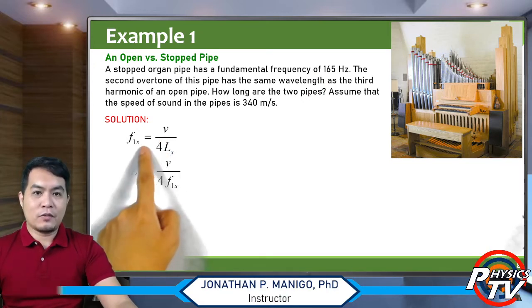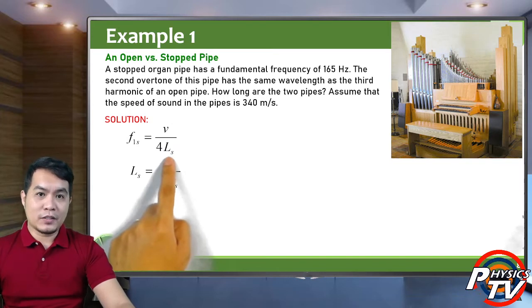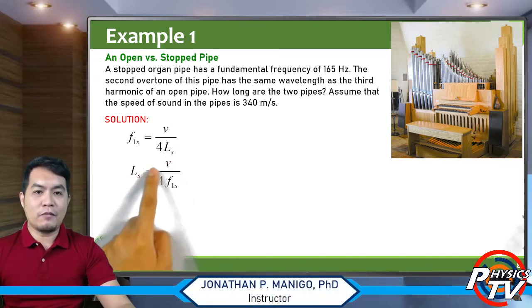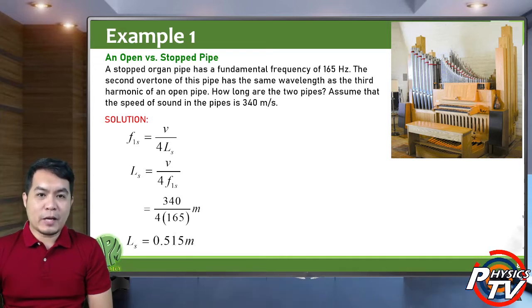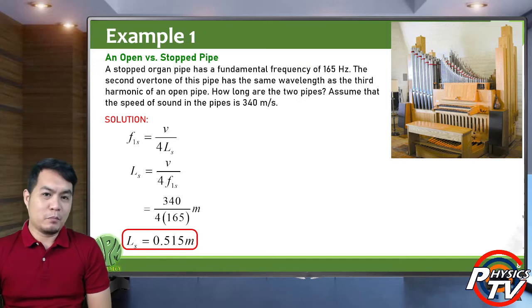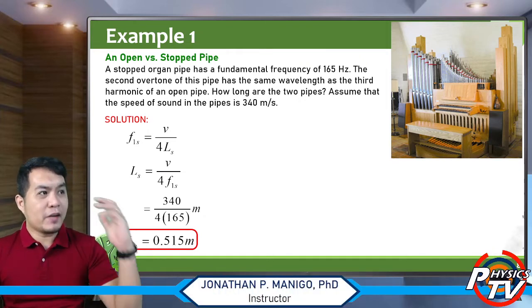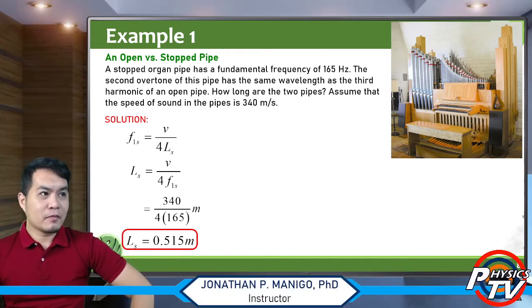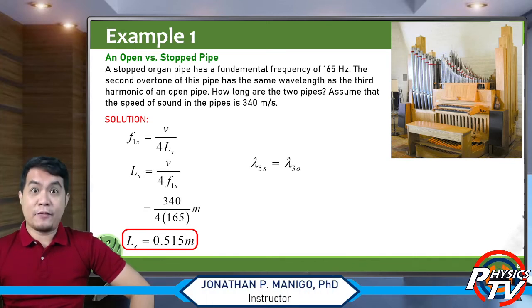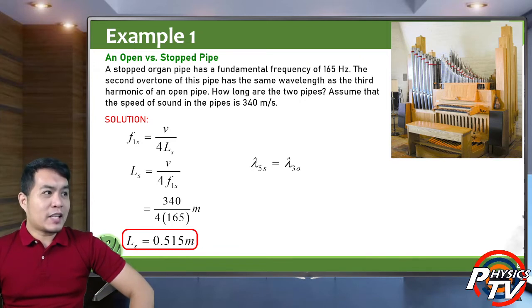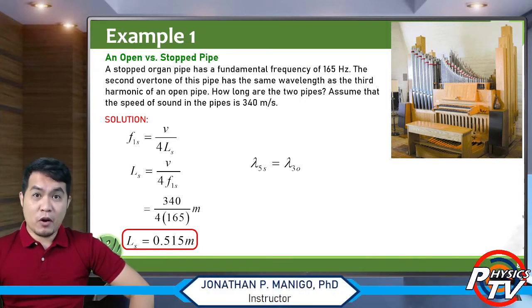F1 is just V over 4L, since this is a stop pipe. So we can solve for L, V over 4F1, and we get the length of the stop pipe is 0.515 meters. Now, we compare this with the open pipe, and the condition is that the second overtone of the stop pipe, that's F5, or in terms of wavelength, lambda 5, has the same wavelength as the third harmonic of the open pipe, F3, or lambda 3.